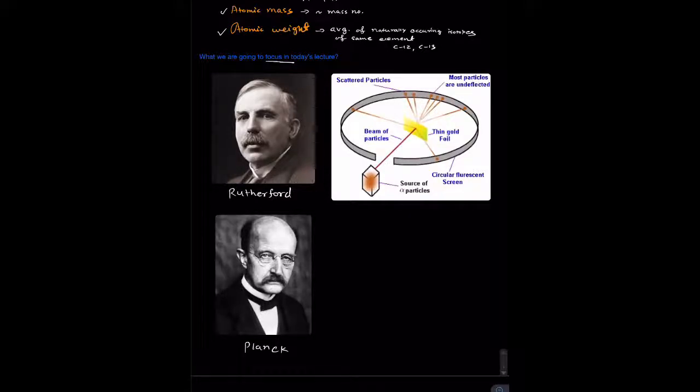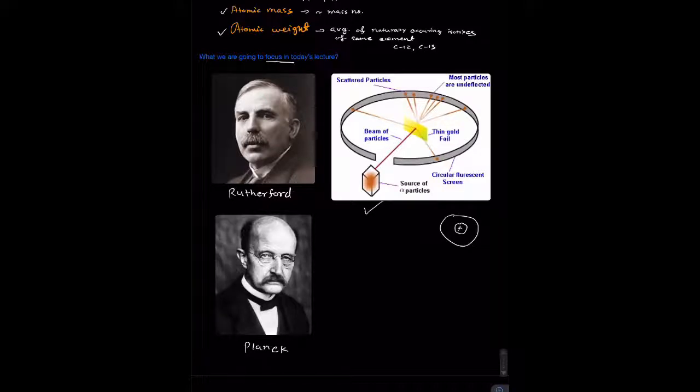Let's talk about Rutherford. What he did was he found that in the center of the atom there is a very dense, positively charged stuff. He did not know it was the nucleus, but he found it through this experiment, as you can see here.